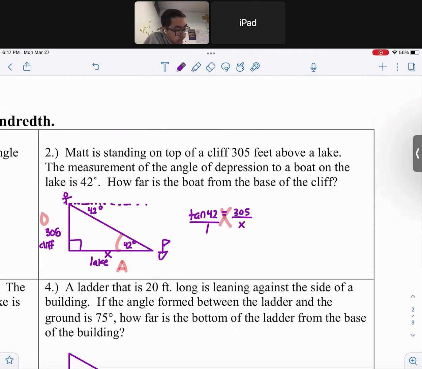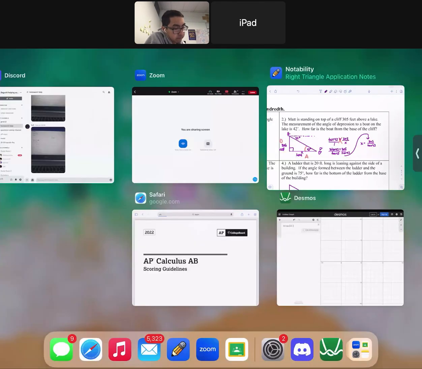Cross multiply, x tan 42 equals 305, and to isolate x, divide both sides by tan 42. So x equals 305 over tan 42.